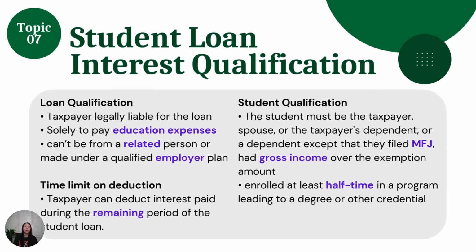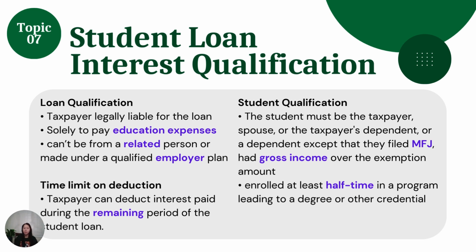And what qualifies as student loan interest? Again, I just want to remind you, we're only deducting the interest on the loan, not the loan itself. The loan must be legally owed by the taxpayer, meaning it must be issued to the taxpayer and used solely to pay education expenses.